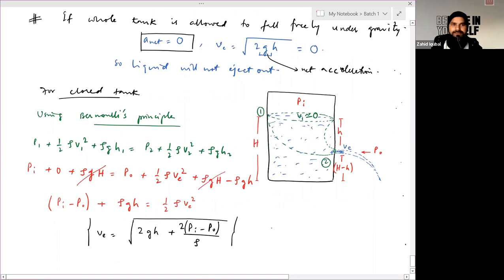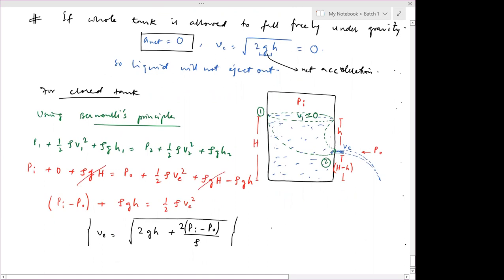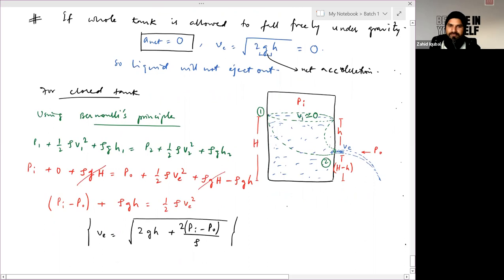Hamza, any doubt? No doubt, sir. And if you put the value of Pi equal to P naught in the case of an open tank, Pi equals P naught, the difference of these two terms will become 0. So you'll get the same expression that we have calculated above.